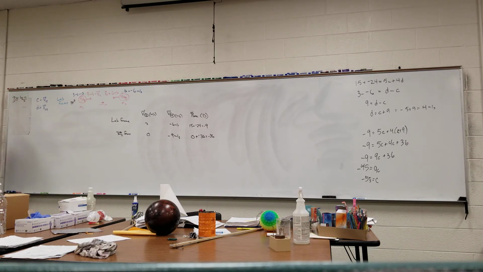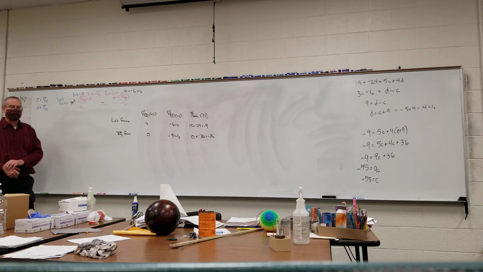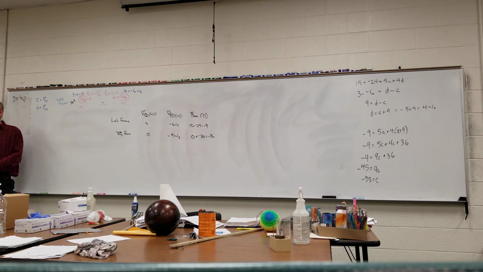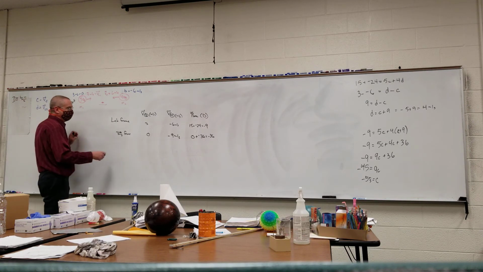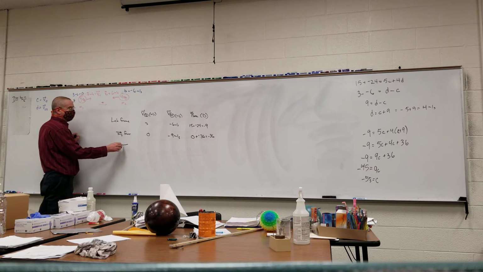I should be able to shift reference frames and the physics should still work. There's no absolute reference frame, so there's no reason why the lab frame is special other than that's what the problem was given in. Suppose I move to the left at 6 meters per second.